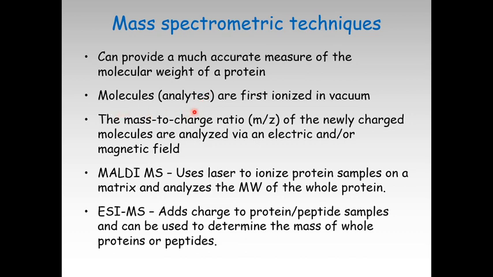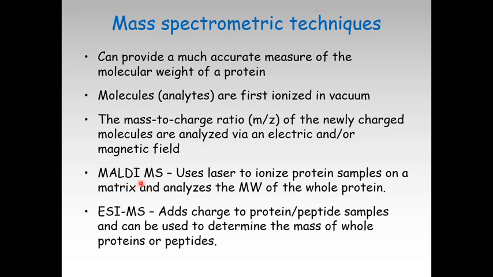Molecules, or analytes as they are called, and in this case protein molecules, are first ionized in vacuum, and the mass to charge ratio of the newly charged molecules is analyzed by an electric and or a magnetic field. So what you're measuring in a mass spectrometer is the mass over the charge ratio, and that gives you the mass of a specific molecule.